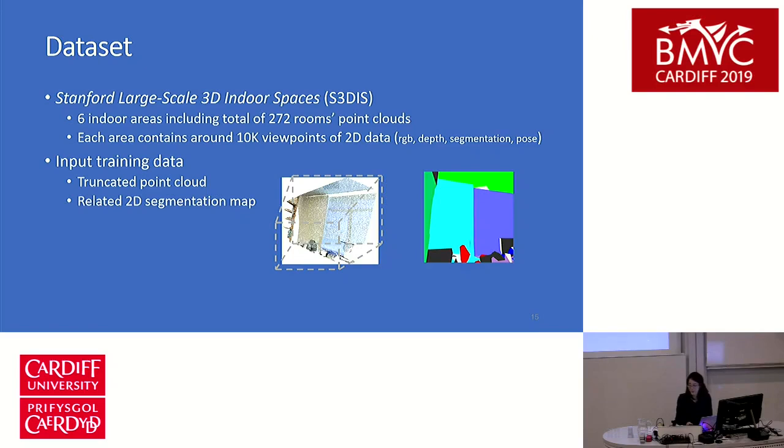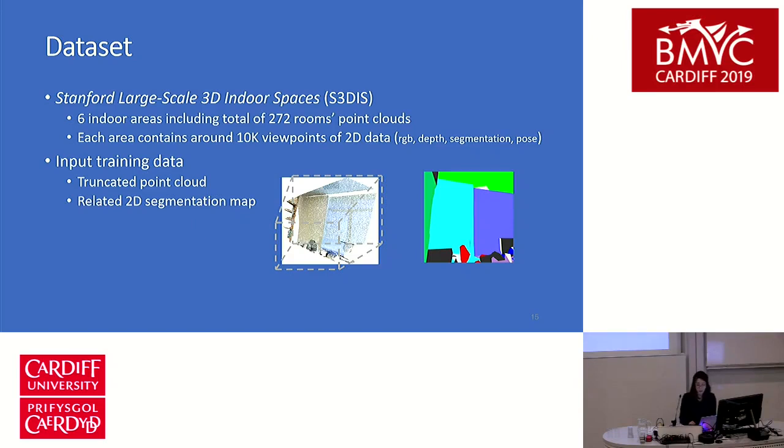The 2D data has RGB images, depth images, segmentation images, and the camera pose information. The input training data include 2 things: the truncated point cloud, and the related 2D segmentation map.